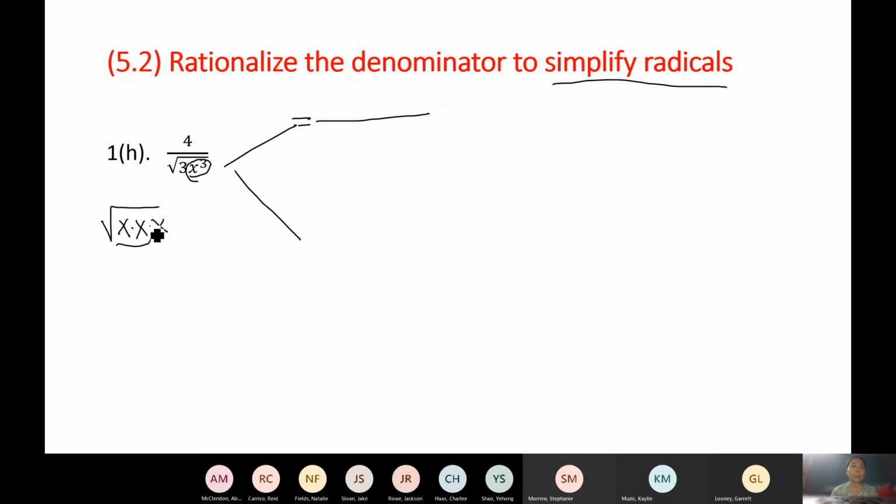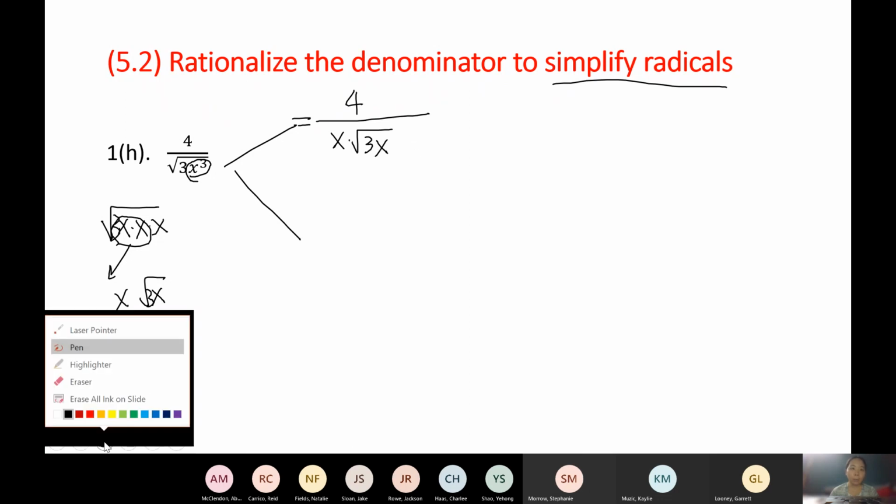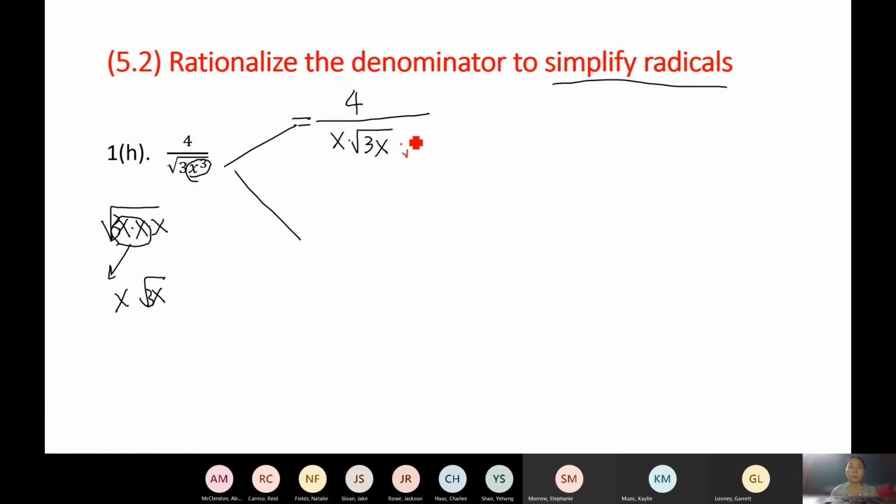You can get 2 copies out. So that's what I usually recommend that you do. That 3 stays with the radical. So you can simplify the bottom to x times radical 3x, and then try to get rid of the radical in the denominator. And we know that we can multiply by another copy of square root of 3x.